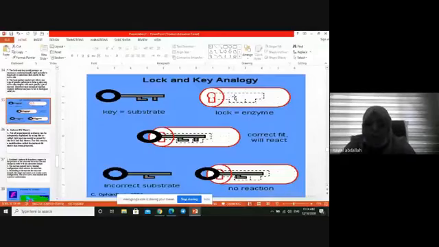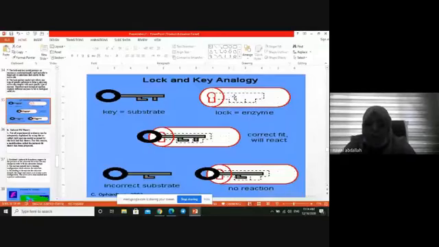As we mentioned before, the mechanism of action by forming the substrate enzyme complex depends on two theories: the lock and key theory and the induced fit theory.